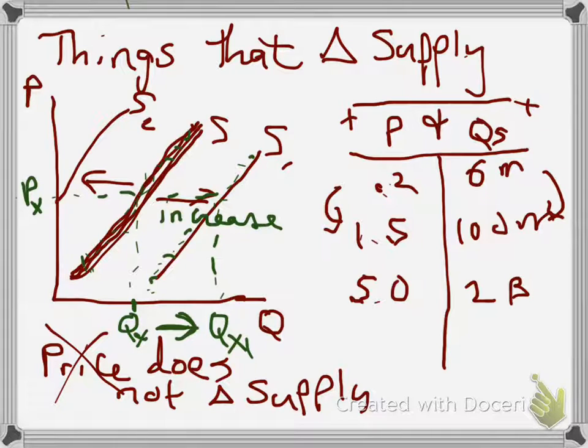And at any price that you could pick, it will match up after the change, if you've moved this direction, at a higher quantity supplied. So moving to the right is an increase in supply. Moving to the left is a decrease.